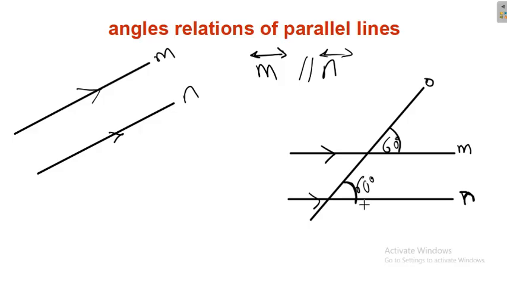Okay, if you look closely at these angles, they are making letter F. And any two angles making letter F, they are equal in measure. Any position of letter F, like if you have this letter F, this angle is equal to this angle.